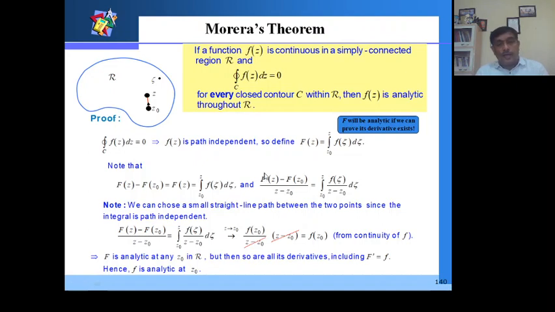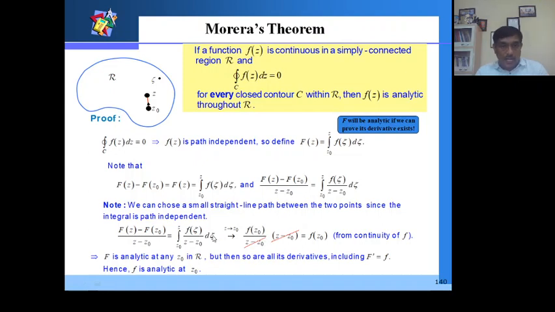And also F(z) minus F(z naught) divided by z minus z naught is equal to the integral from z naught to z of f, dividing this by z minus z naught. We can choose a small straight line path between the 2 points, since the integration is path independent.